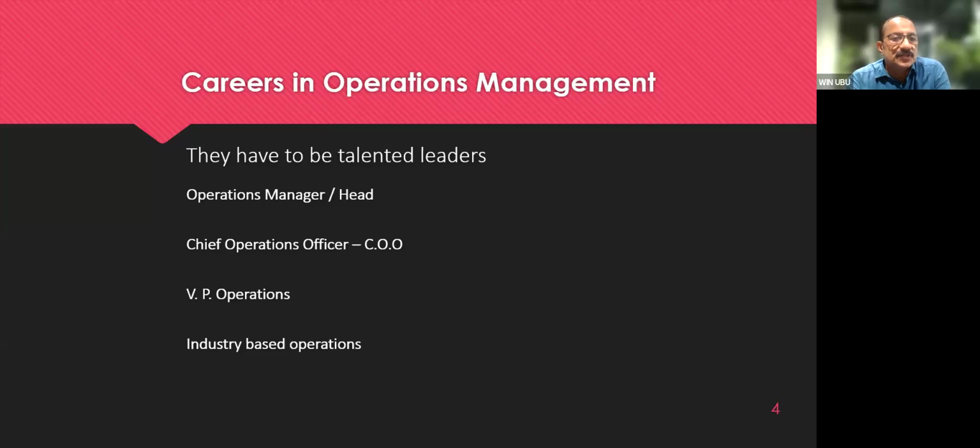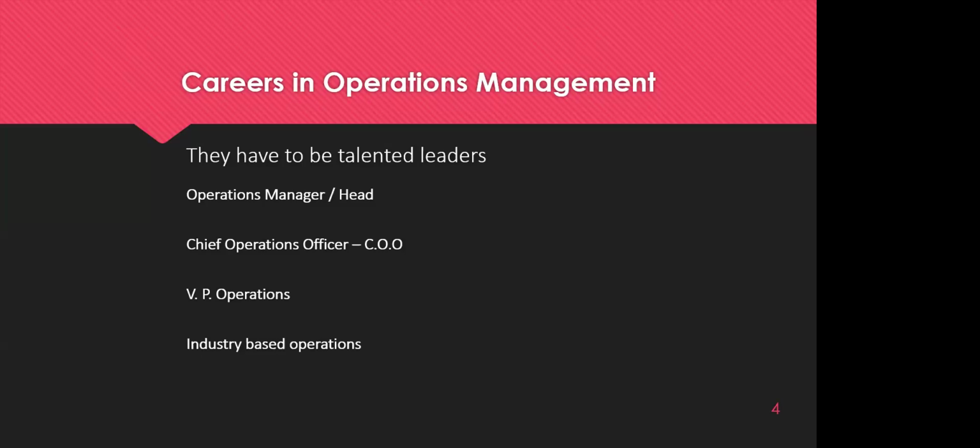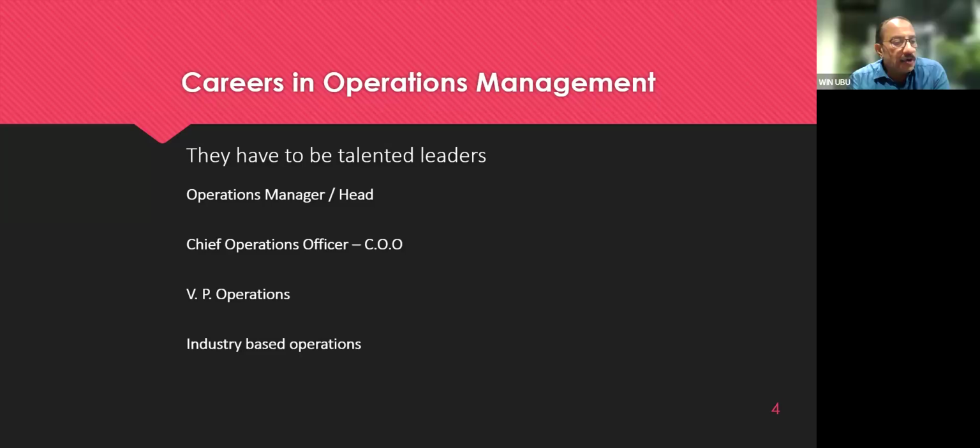Some companies have designations such as chief operations officer, or Vice President of Operations, and almost all industries have operations managers. If you take any industry, retail, logistics, automobile, or most industries, you can see the operations role there.